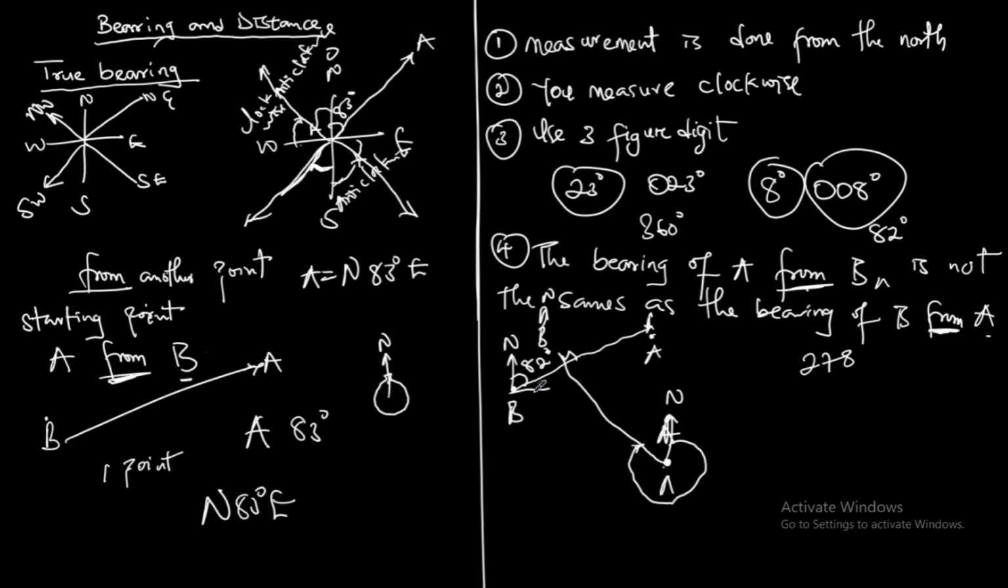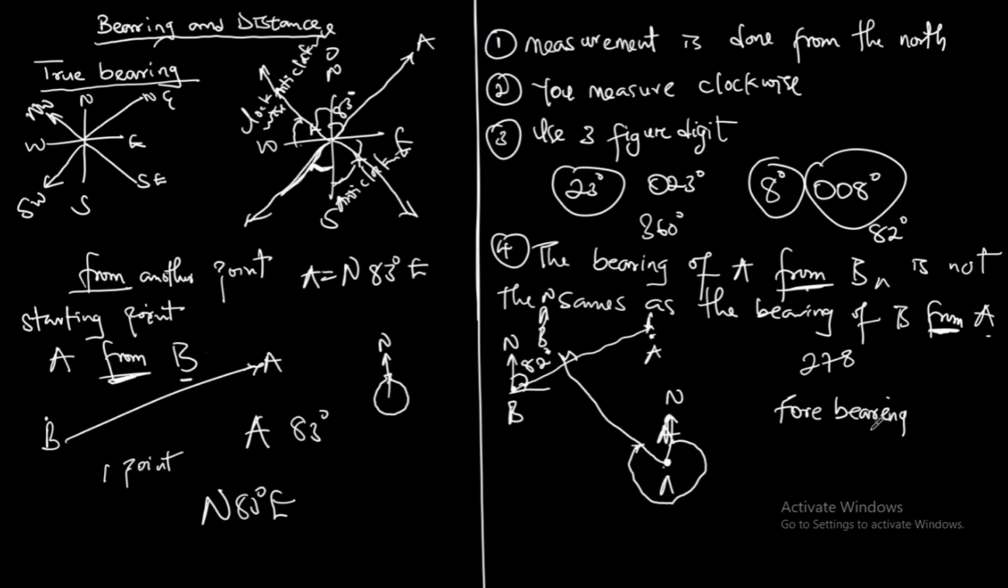So you see, point B is moving forward towards A, while point A is moving backward towards B. And if you look at the arrow from A to B, that has a starting point at B, you see that it was moving from the north forward. So when your bearing is moving forward, it is called fore bearing.